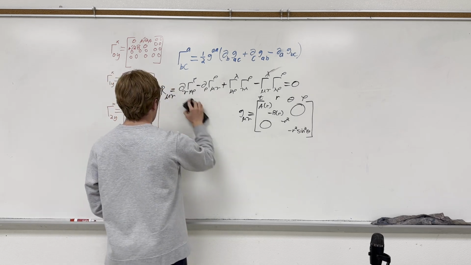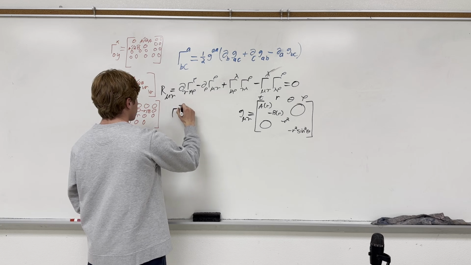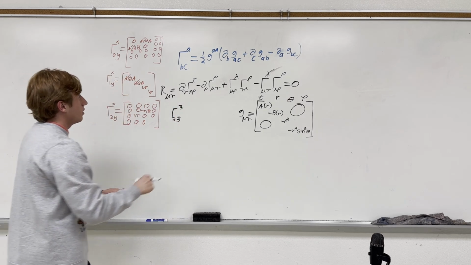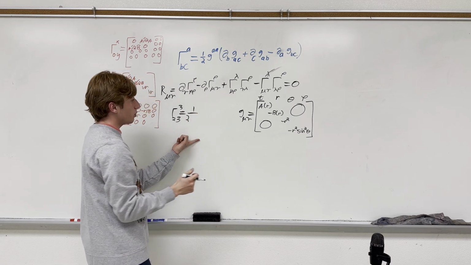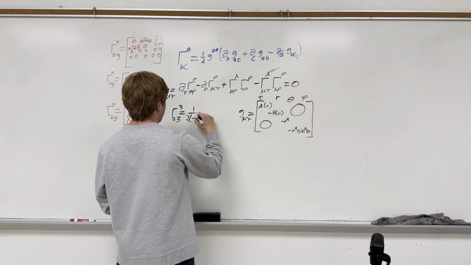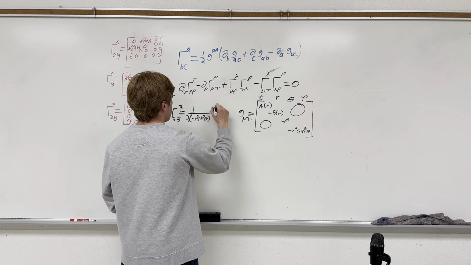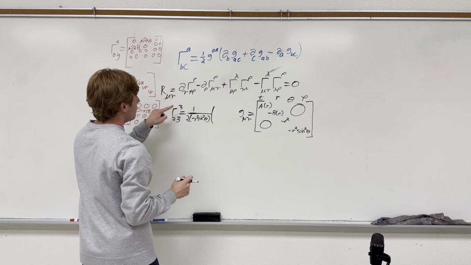Next, we have gamma 3 to 3. And for this one right here, more or less the same. So 2, and then a is equal to 3. So now we have minus r squared sine squared theta. And then we have, inside of parentheses as well, a equals c.